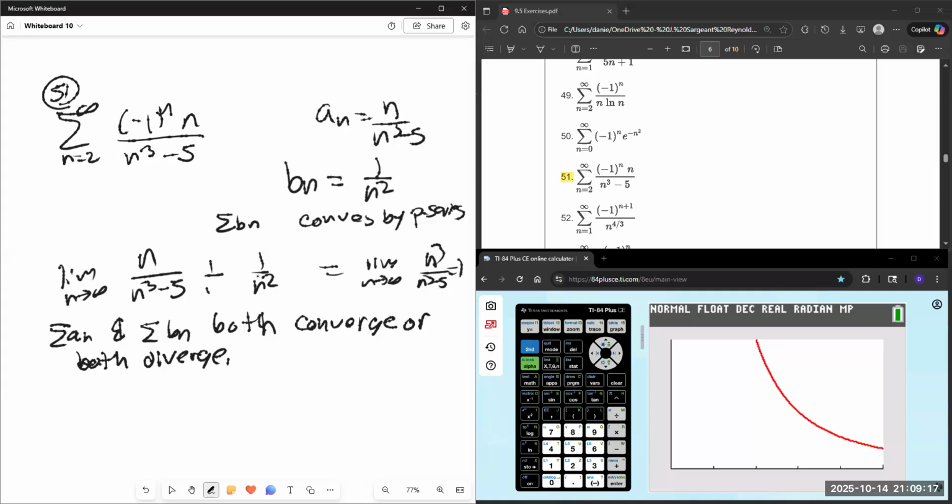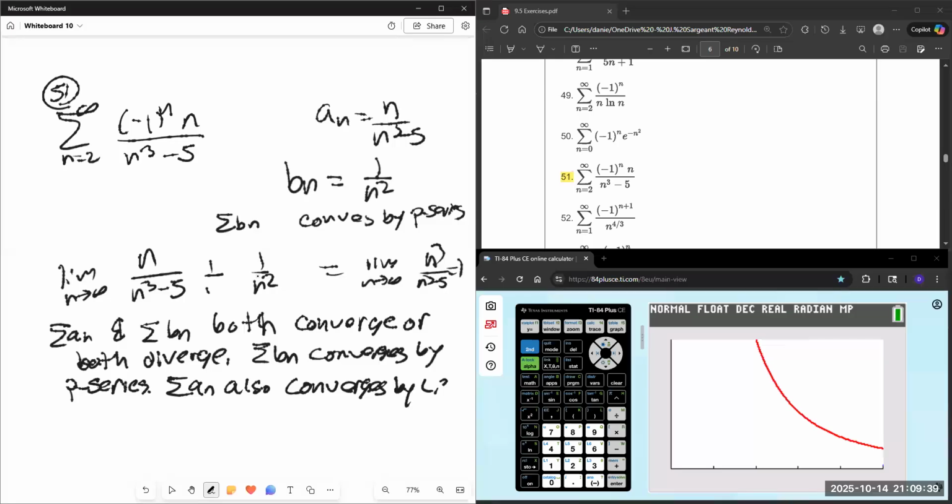Then I have this statement right here that the summation of b_n converges by P series. So the summation of a_n also converges by limit comparison test, and then the series is absolutely convergent, meaning that the absolute value converged.